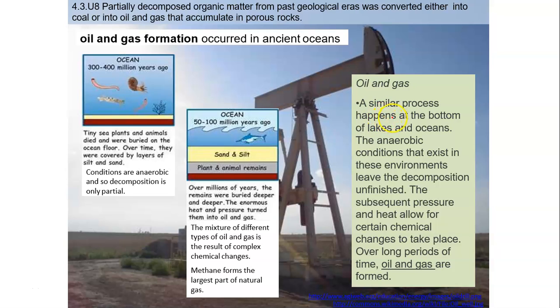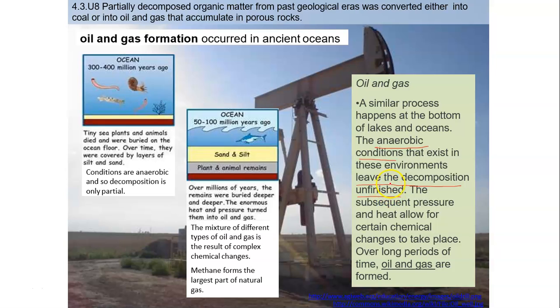It is the same thing we talked about for peat formation and coal formation. Oil and gas formation follows the same way, in which a similar process happens at the bottom of a lake or ocean, where there are anaerobic conditions, and in this environment the decomposition is left unfinished.